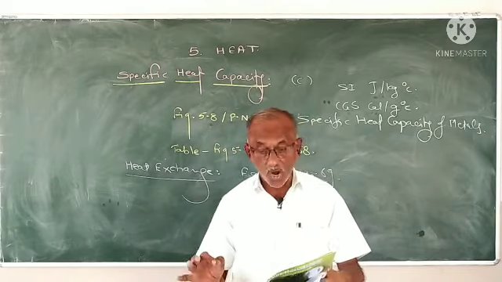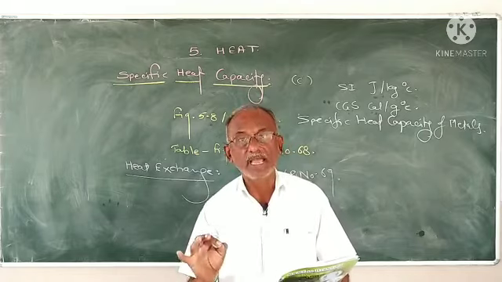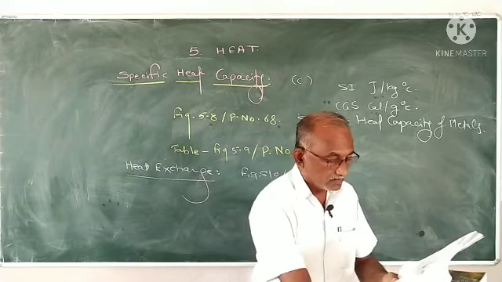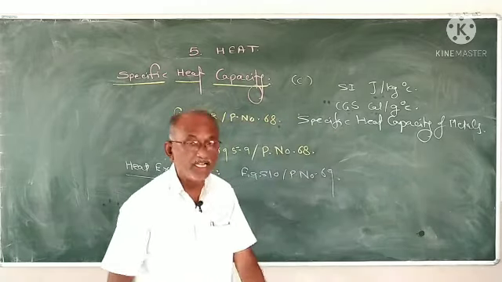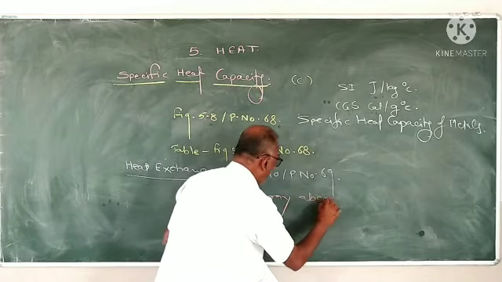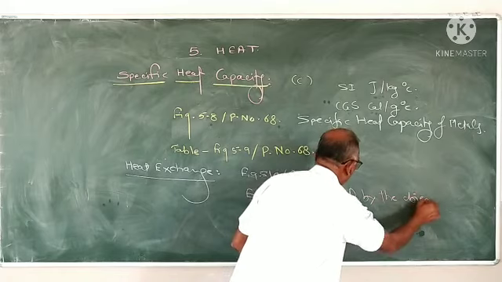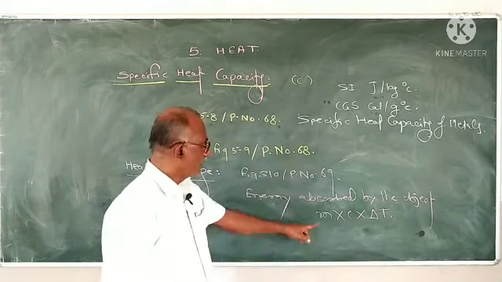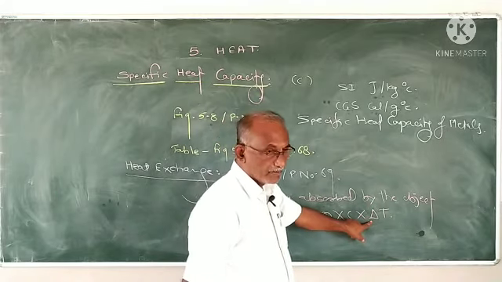If the specific heat of an object is c, the mass of the object is m, and if the temperature of the object is raised by delta T, then the energy absorbed by the object is given as m into c into delta T. That is, the energy absorbed by the object is m c delta T. Here m is the mass of the object, c is the specific heat of the object, and delta T is the rise in temperature.